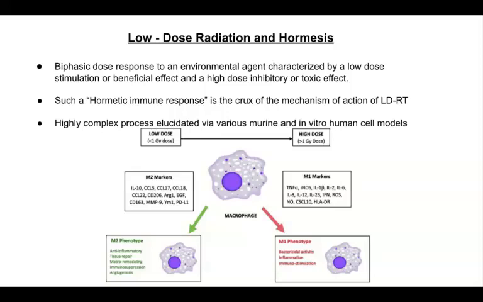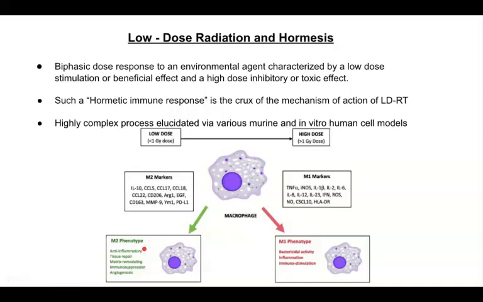And this is also a very central process of research. So what exactly is this macrophage repolarization? You have these two phenotypes of macrophages: the M1 phenotype, which is pro-inflammatory, and the M2 phenotype, which is anti-inflammatory.